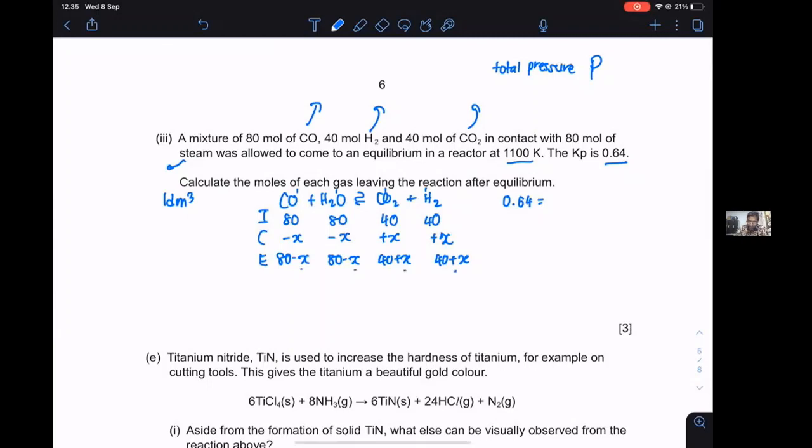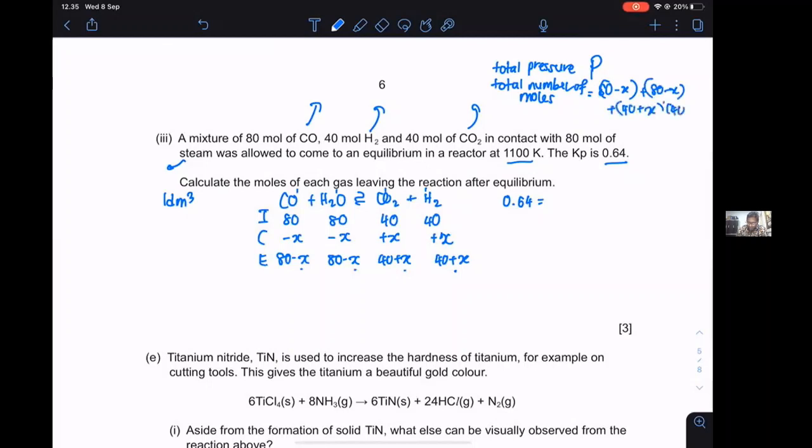If it is going to be my total number of moles over here, you just add 80 minus x plus 40 plus x.